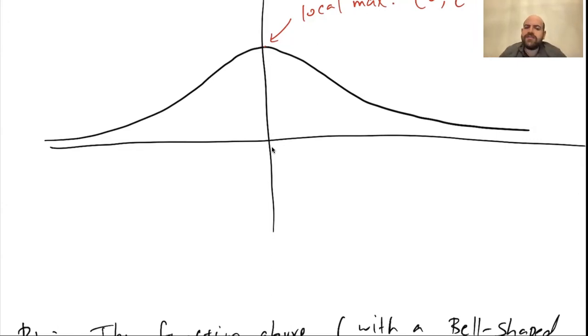So we need a curve that has this property, that has a maximum at the average. And as you get farther and farther from the average on either side, the values of the function become less and less, because the probabilities will become less and less as well.